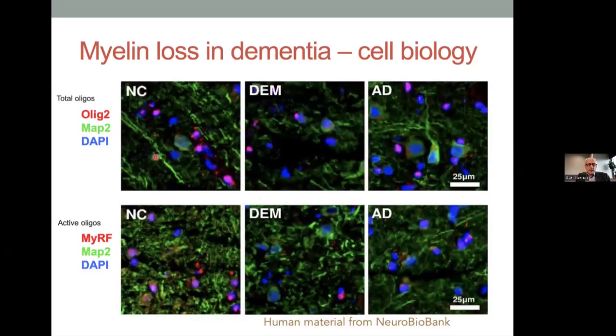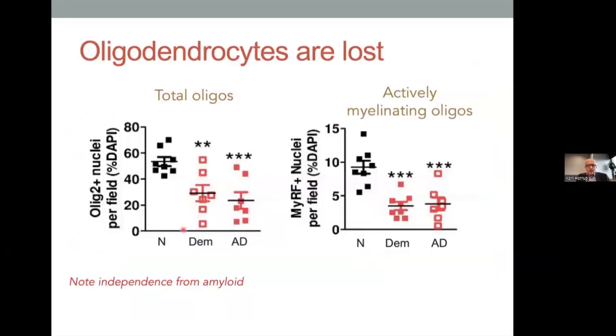What Frankie then was able to do was to show that whether you look at the total oligodendrocyte population, which he marked with OLIG2, a transcription factor, or look at the oligos that are actively myelinating, which is the second transcription factor known as MYRF, you find that there is a vast decrease in the number of oligos and in the number of actively myelinating oligos in Alzheimer's disease.